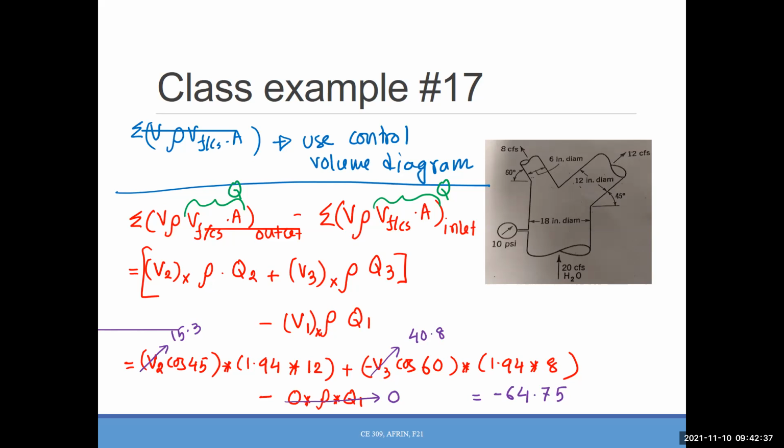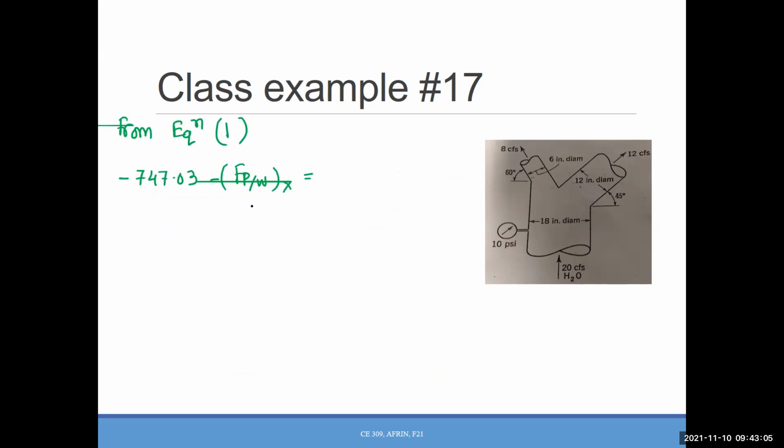Do that and everyone's good up to this point? This one will be pounds because we are working with force. So you can write down pounds here. In the FPS system, that's why it's pound. Okay, so that should be equal to negative 64.747.